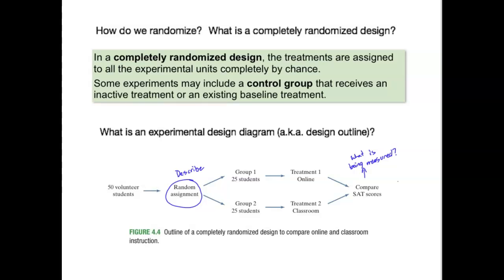Now, for something like this, I don't know what this experiment is, but it seems to be how students do when they study online versus in a classroom, for an SAT score. It's pretty obvious here what's being measured, right? SAT scores, but just make sure that's clear. So if you need a further verbal description, go ahead and give that.